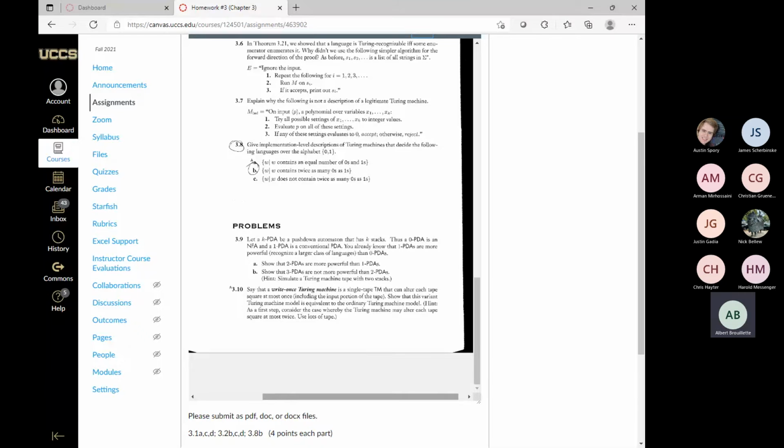Okay, so you should probably look at thinking about all three of these, but there's actually a detailed solution. I guess there's an answer for 3.8a in the book, but I am not looking for Turing machine states. I'm just looking for a pseudocode description.